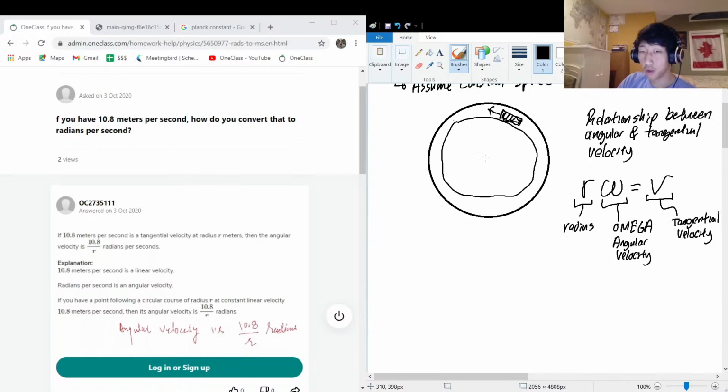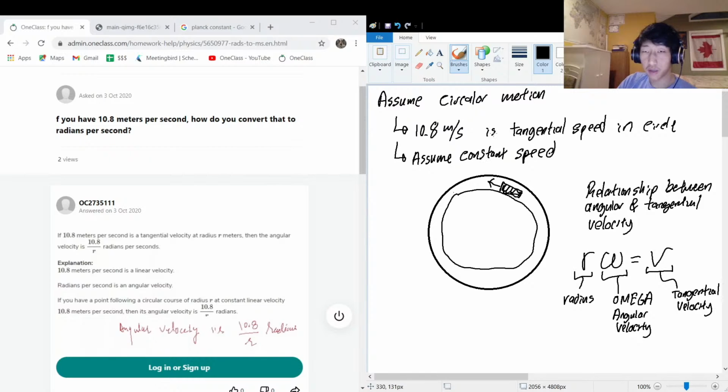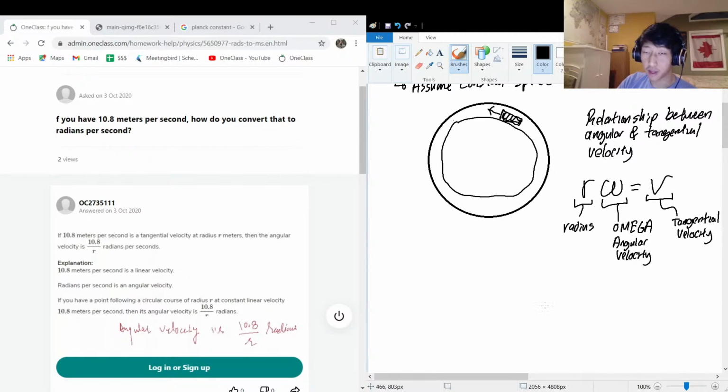Okay, so if we want to convert this to angular velocity, which is in radians per second, well, we would just do omega equals linear velocity divided by radius. Now we got 10.8 meters per second.